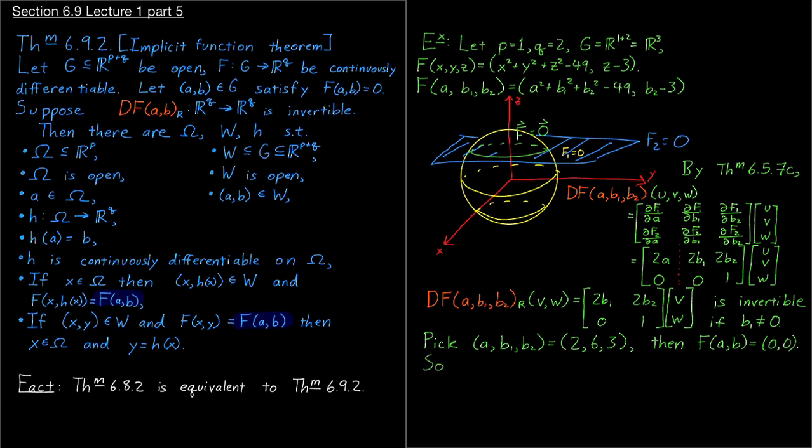So let's draw a cross section of what's going on. Here is our x coordinate, here is our y coordinate, then the z coordinate is coming straight out of the page at you. And there is our level set.